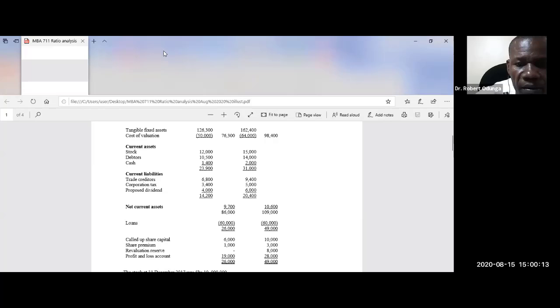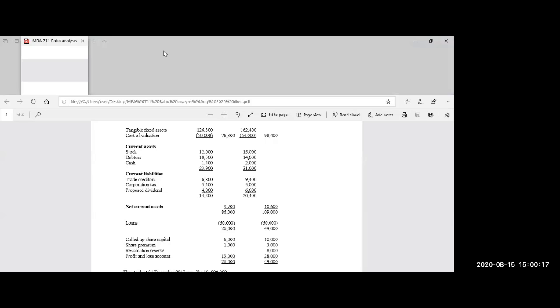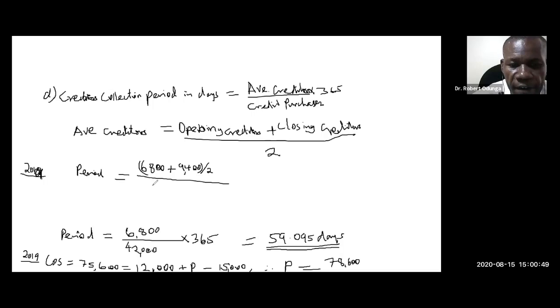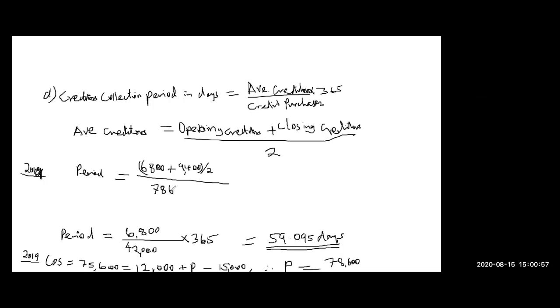So it is 6,800 plus 9,400 divided by 2. So everything divided by 78,600 times 365. So this will give us what?